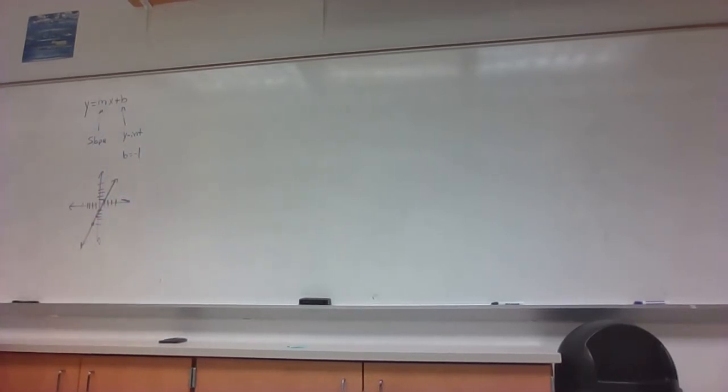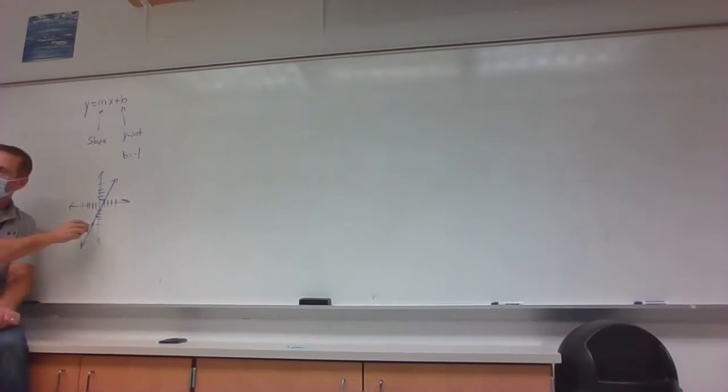And then how do we find the slope? Hannah? We count in between the points. You count the rise and the run. You count up and down first. That goes in the numerator, and then left and right. So if we start here, we go up 2, right 1, back on the graph.